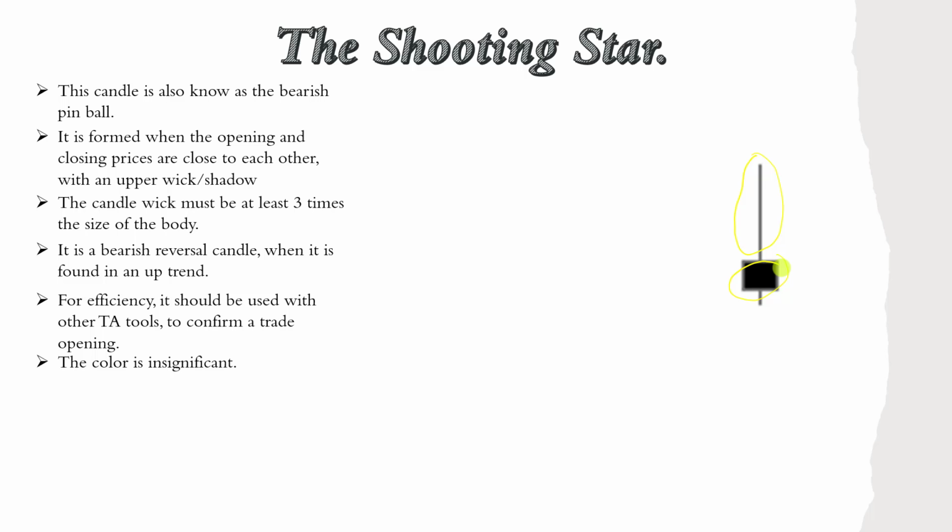So let's look at the analogy here now. We should get this one straight, since it is the opposite of the hammer candle. So let's say we have something like this. Let's believe this is bullish. Don't forget that we already said it could be any color, whether bullish or bearish.